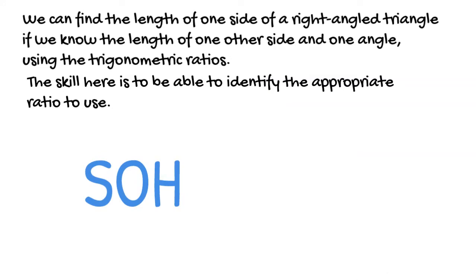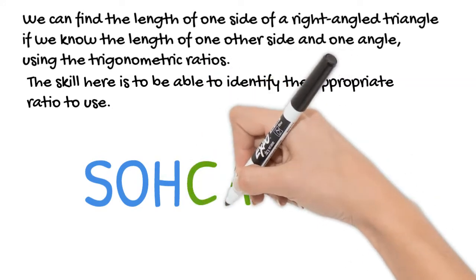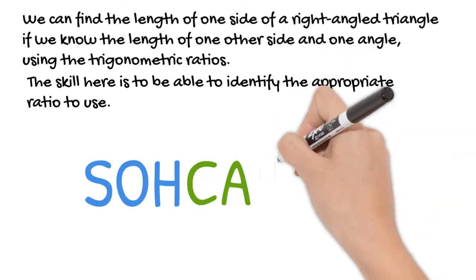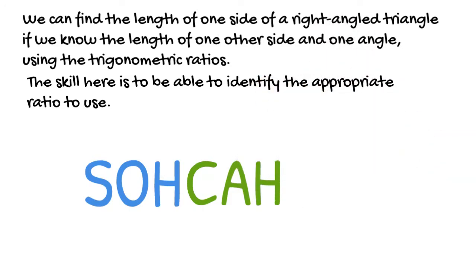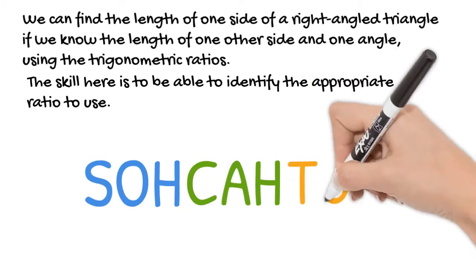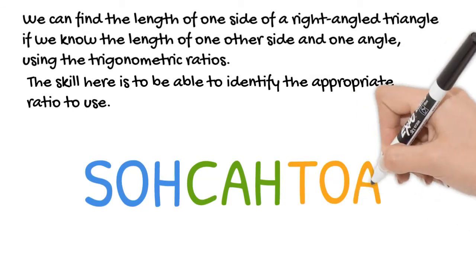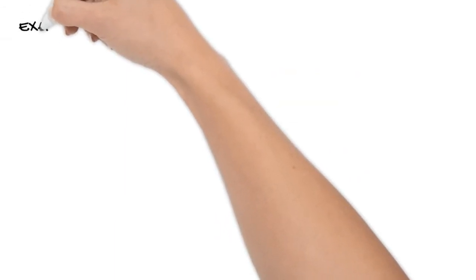For cos, we're looking at the adjacent side and the hypotenuse. And for tan, we're looking at the opposite side and the adjacent side. So I highly recommend, if you're ever doing trigonometry questions, write SOHCAHTOA at the top of your page just for a quick little visual reminder as to which is the appropriate ratio to use.